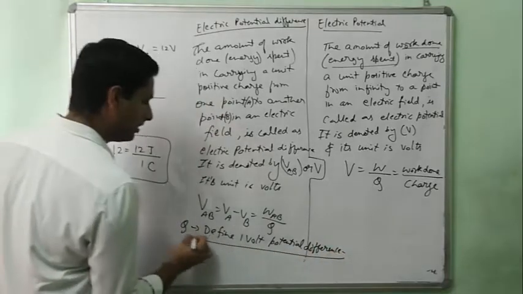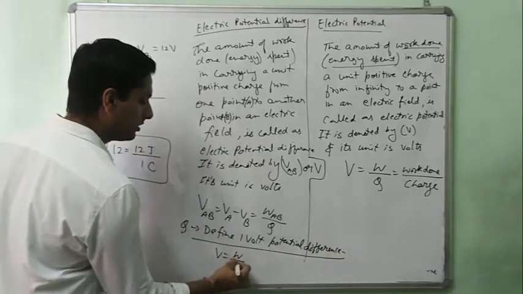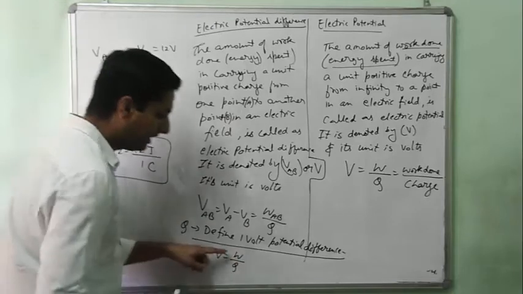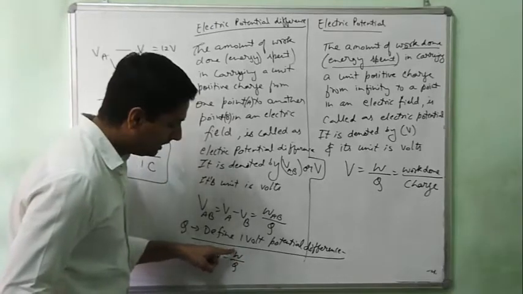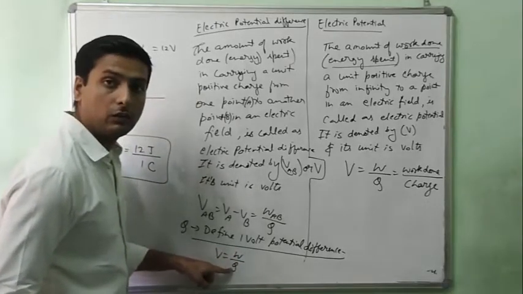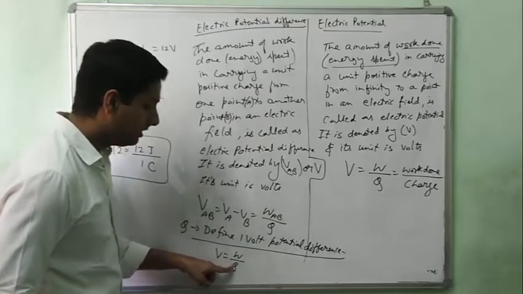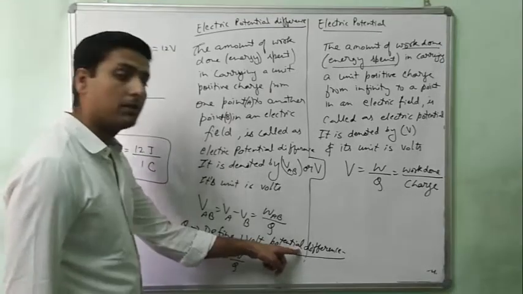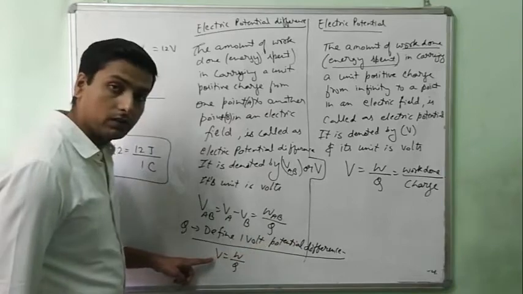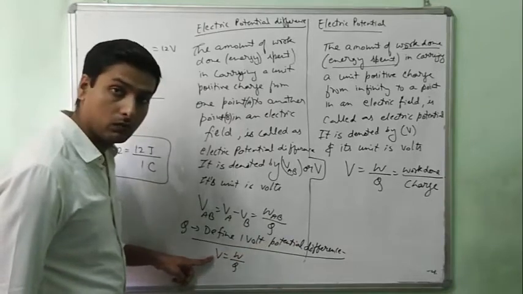We just need to learn one formula, that is W by Q. So if 1 joule of energy will be needed to carry 1 coulomb of charge, then the potential difference generated between the 2 points of an electric field will be 1 volt.